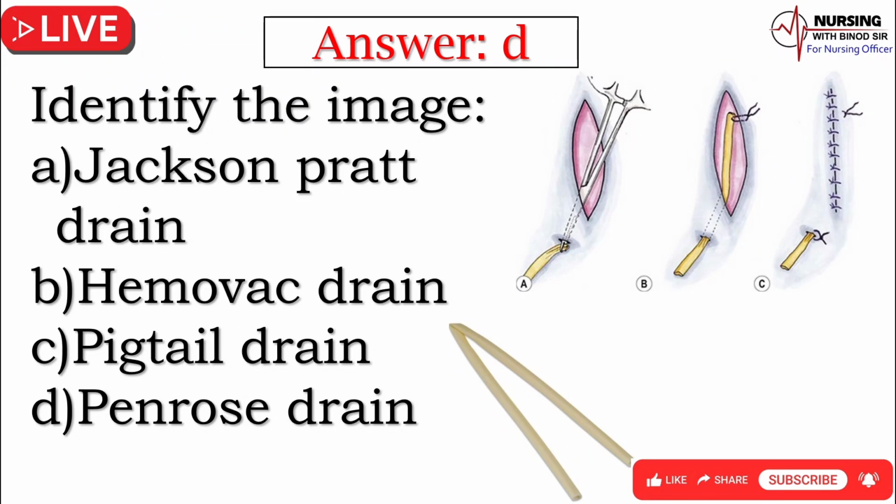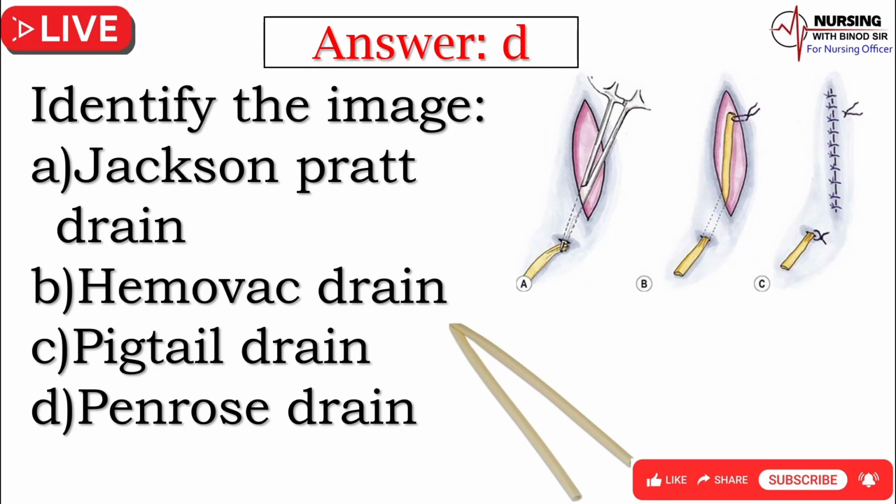Uses. 1. Post-surgical drainage. It helps remove fluids like blood, pus, or other secretions that may accumulate at the surgical site. Reducing fluid buildup aids in faster healing and prevents infection. 2. Preventing hematomas.